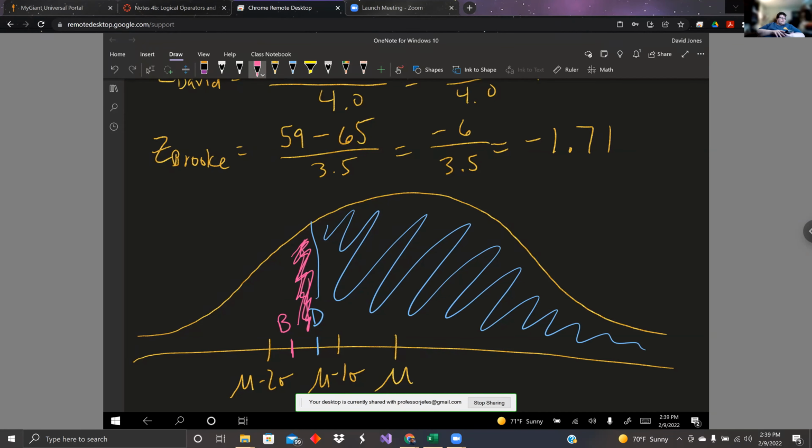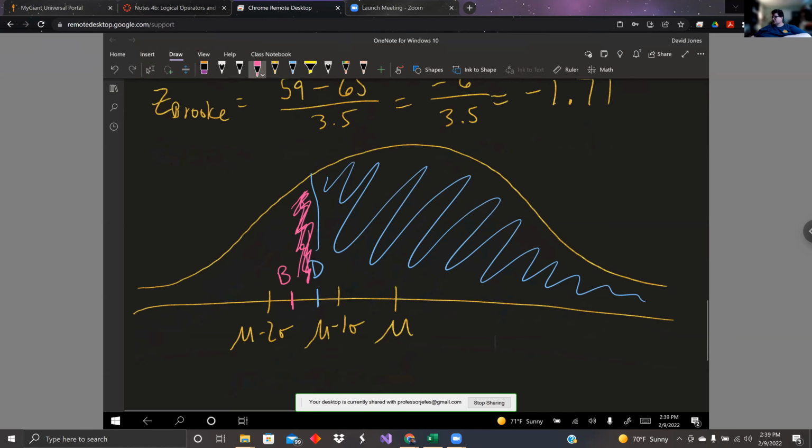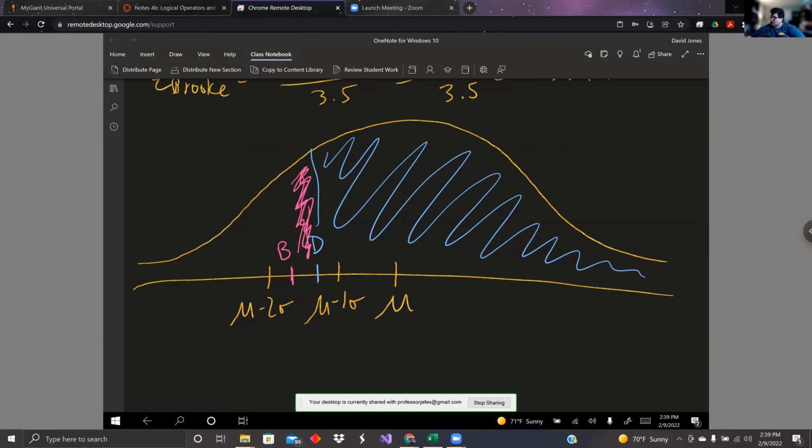So z-scores allow us to compare ourselves to other situations. In fact, Brooke is really close to a score for the outliers. When we do these charts, I'm going to go plus 1 sigma and plus 2 sigma.